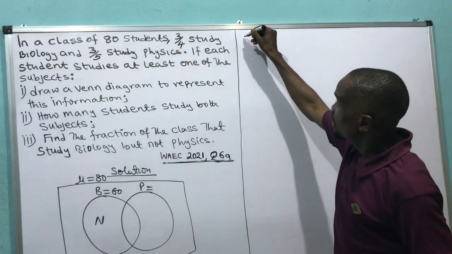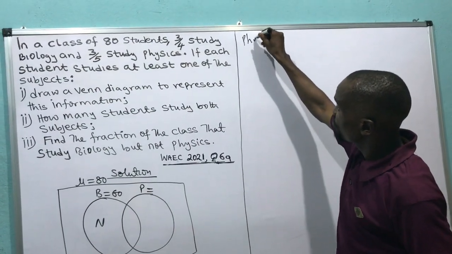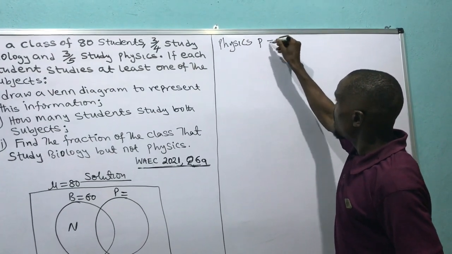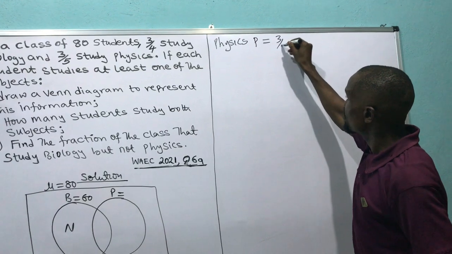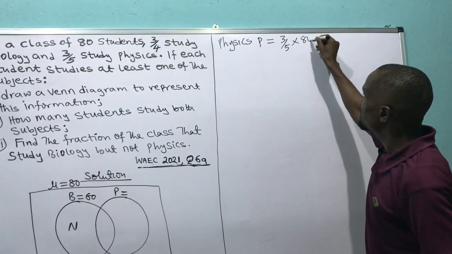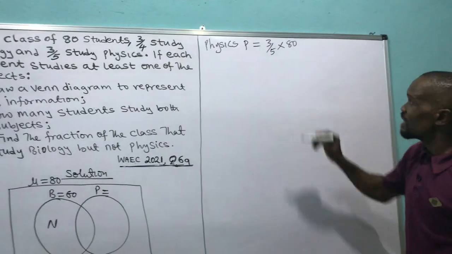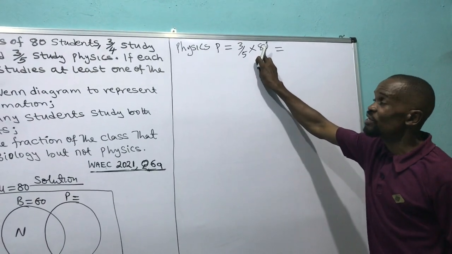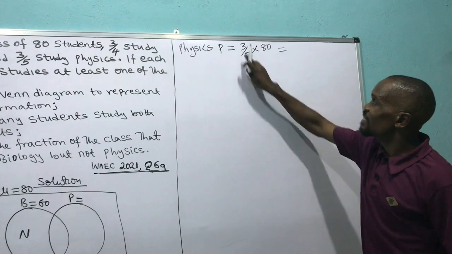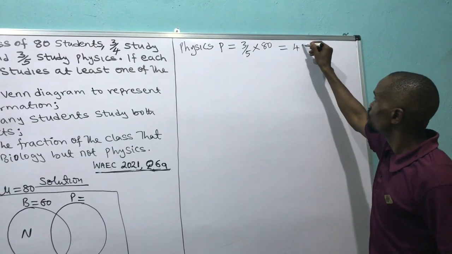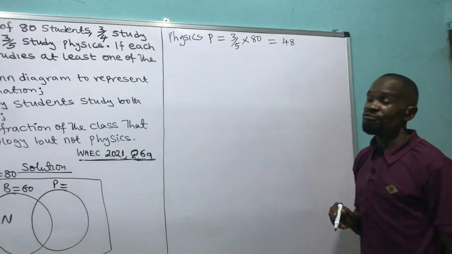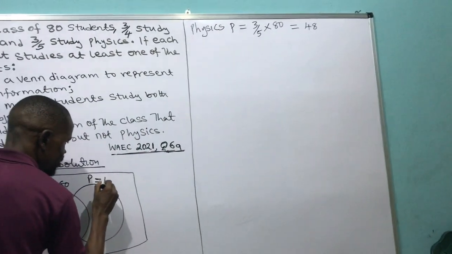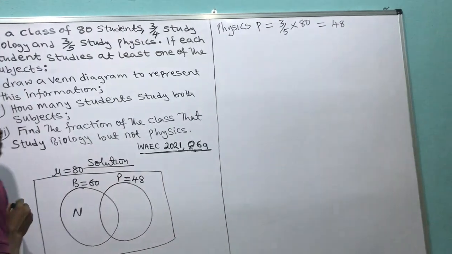I use P for the people that study physics, so P is 3 over 5 times 80, which is the total number. 5 divided into 80 gives me 16, and 16 times 3 gives me 48. So 48 students study physics.